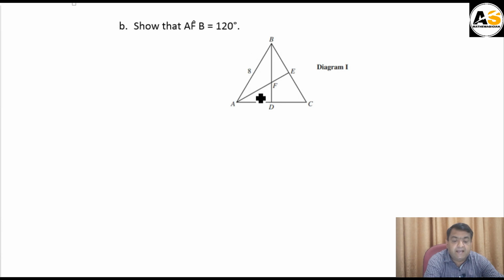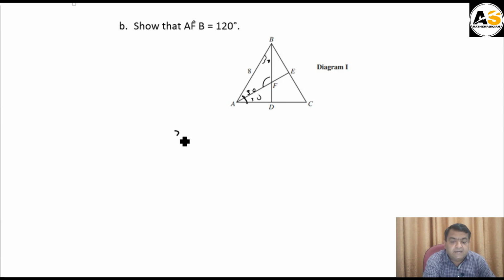Now we have to show that angle AFB is equal to 120 degrees. Dear student, what is this angle? 60. And for an equilateral triangle, this median is also the angle bisector. So this angle will be 30, this angle will be 30, and this angle we have to find. If we consider triangle AFB, the sum of these three angles is 180.